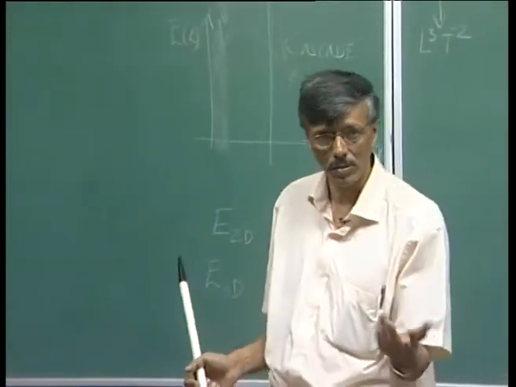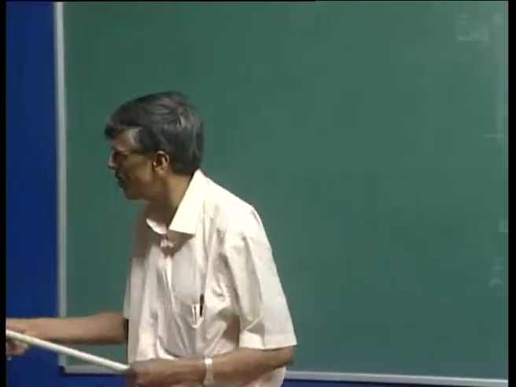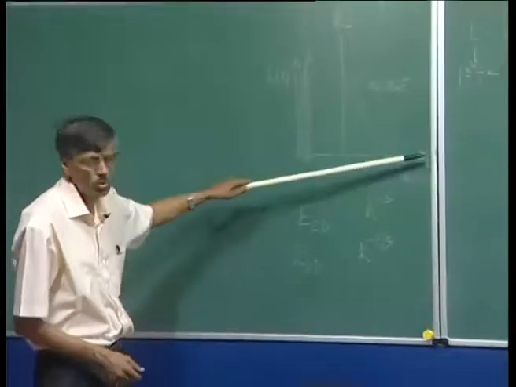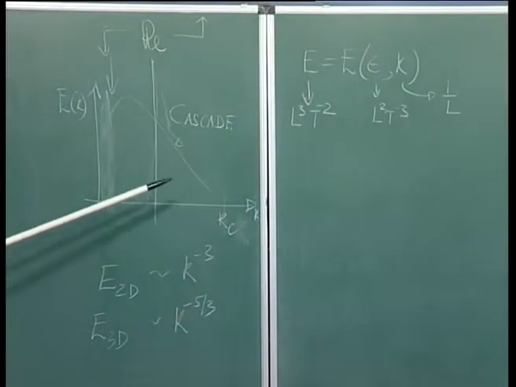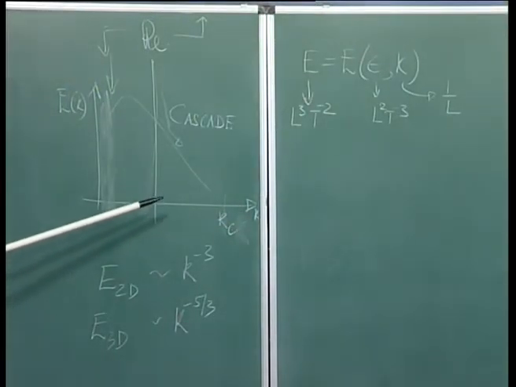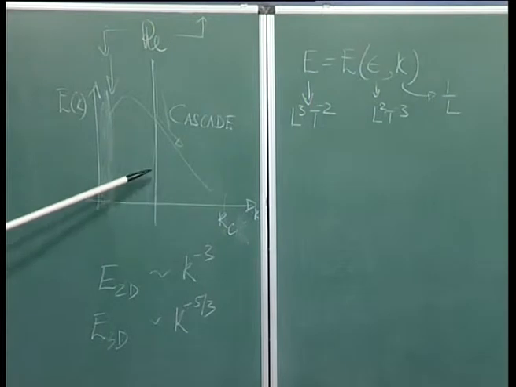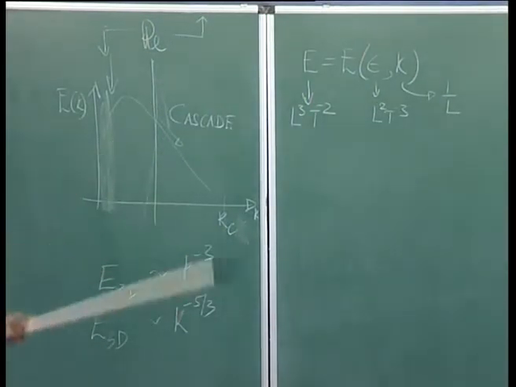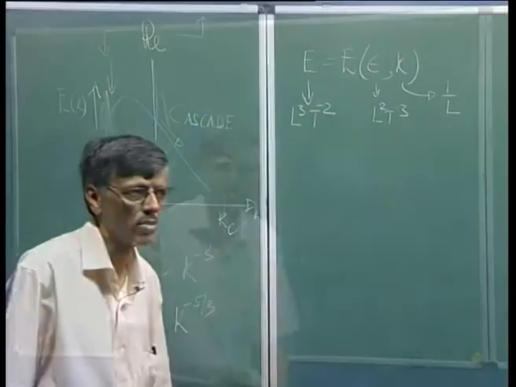Reynolds number directly incorporates the kinematic viscosity. So, this cutoff scale can then change. If the value of the Reynolds number is large, we can actually go to much higher k. The smaller the Reynolds number, that means the larger the value of nu, it has to end earlier, because that is where viscous dissipation takes over.